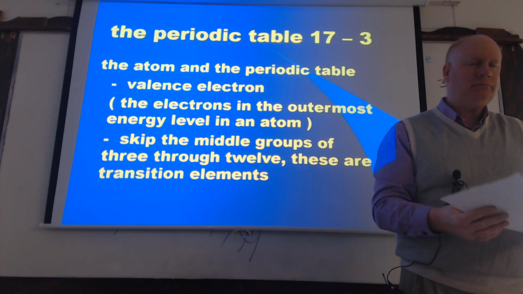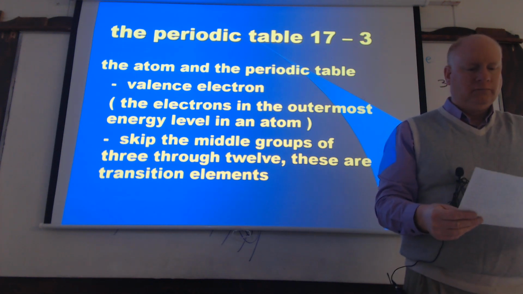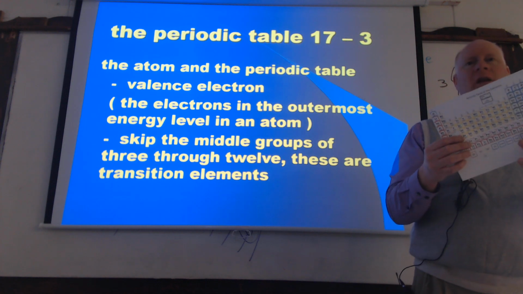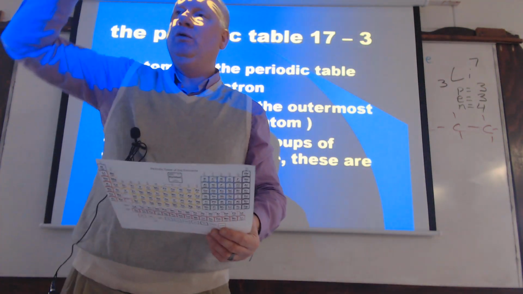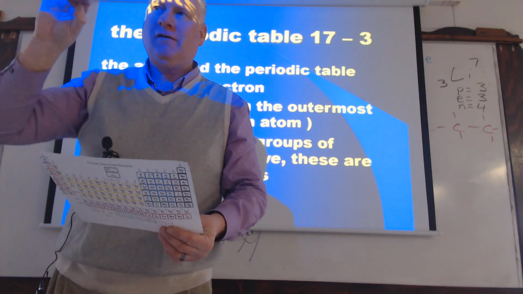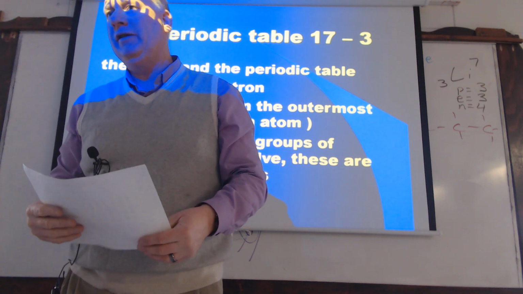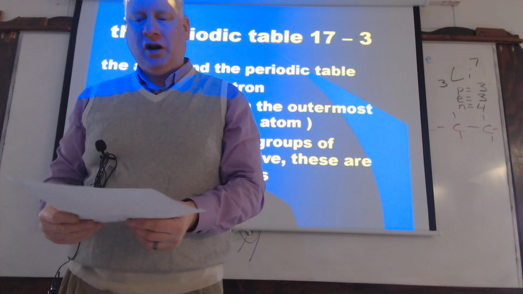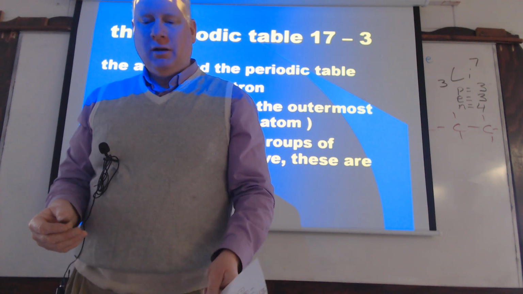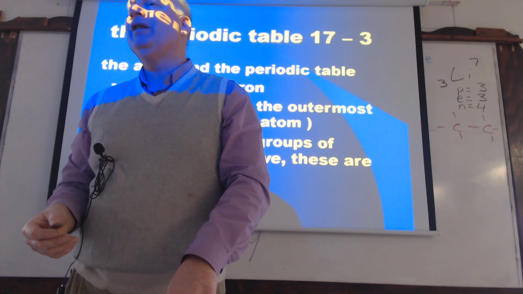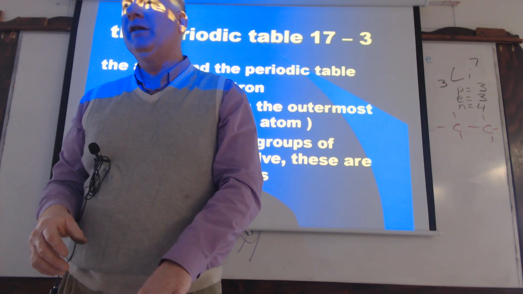What about the ones at the bottom? These down here are a little too far up the chain for you at this level, because these are rare earth elements. We don't want to go into that. We don't discuss those much at this level.